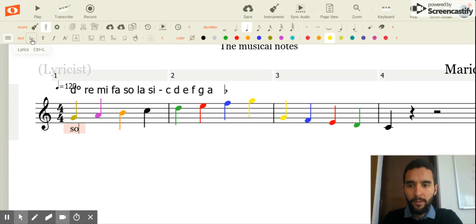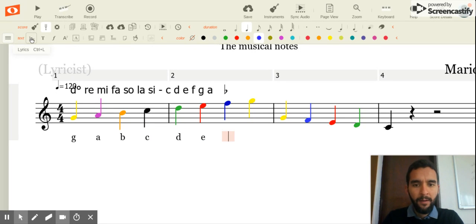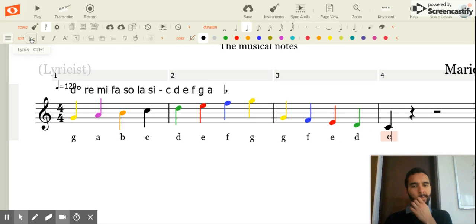So the first note, sol. I'm going to put the names in the alphabetical way. G, A, B, C, D, E, F, G, and from this part G, F, E, D, and C.